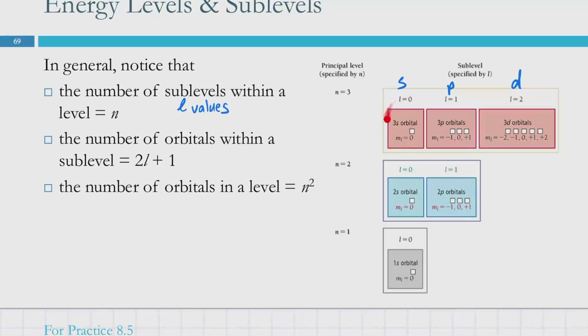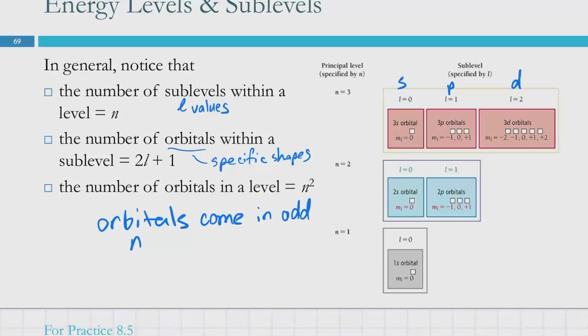And then inside of these subshells or shape families, we've got an odd number of orbitals. Orbitals come in odd numbers. So S, or L equals 0, has 1 orbital, 1 shape.